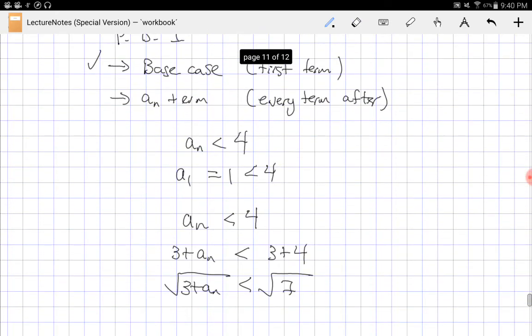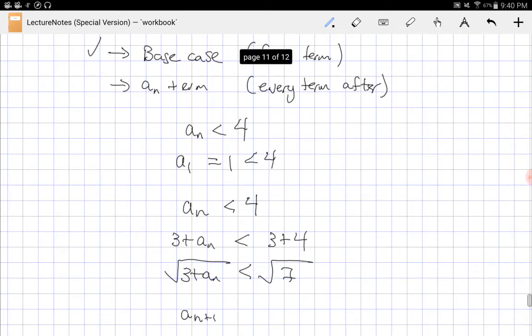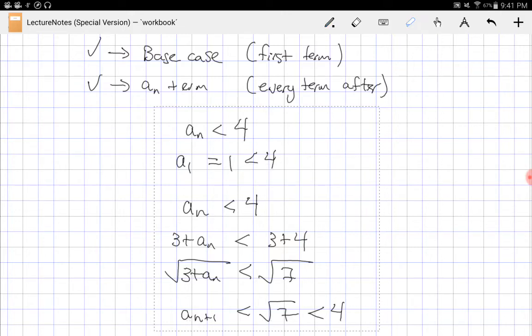We indicate that it's the next term by calling it a subscript n plus 1. We're not adding 1 to an, but rather indexing that it's the next term. This is less than root 7, and we know that root 7 is less than 4. So if we know the current term is less than 4, then the next term will also be less than 4. So here we've proven the an case.